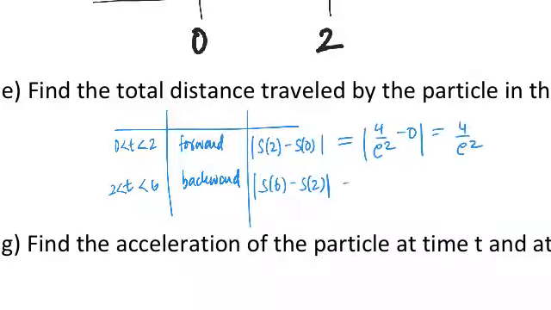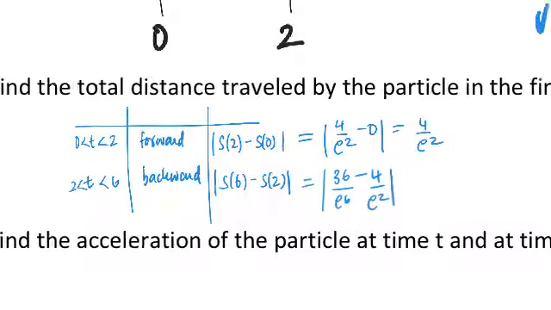And then s of 6 minus s of 2, I guess, comes out to be 36 over e to the 6 minus 4 over e squared, okay? And we're going to have to take an absolute value of that.